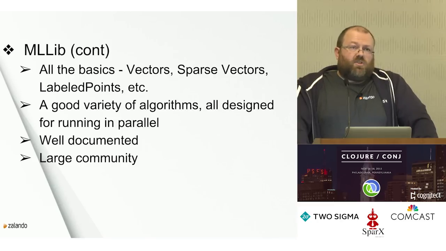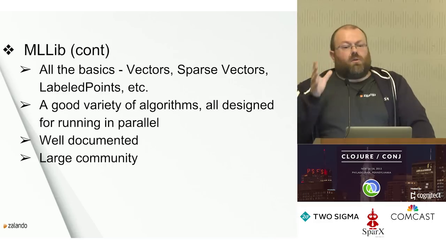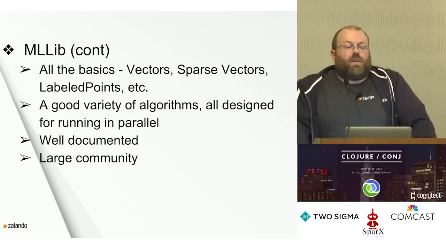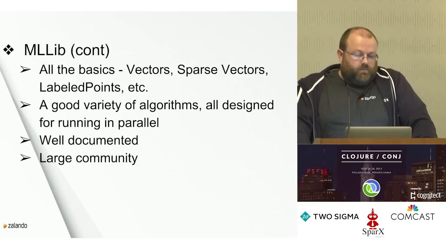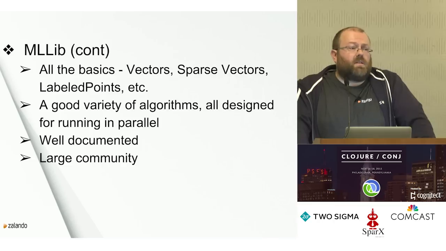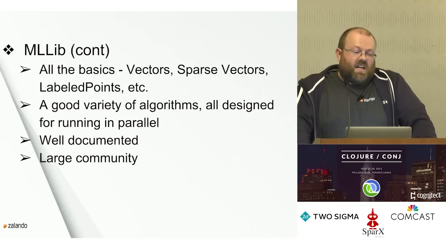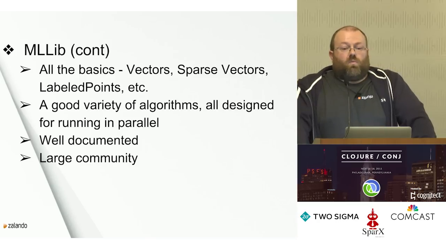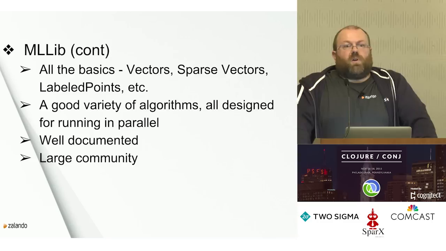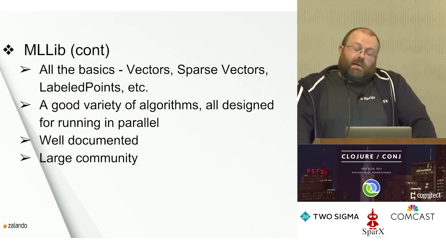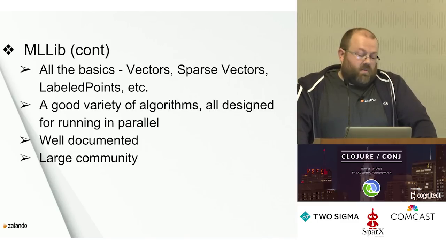The guy in charge of accepting patches for MLlib, I think, tries to make sure that things are properly implemented before accepting them into the core. It's all really well documented, which is always a bonus. And there's a large and growing community. When I had problems, I was able to find answers pretty quickly, even if it was just don't do that. Not always, but it's a good community, and what's there is well documented.